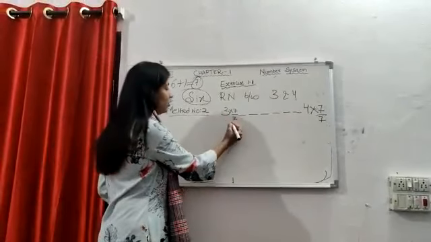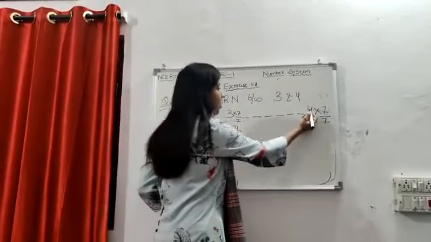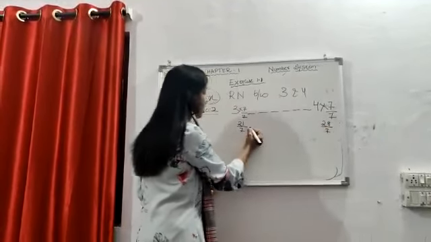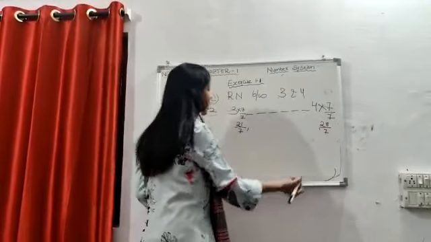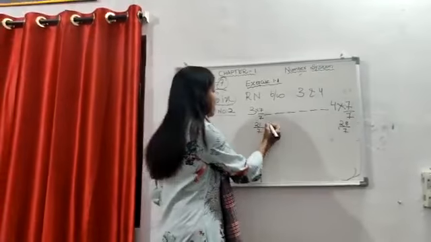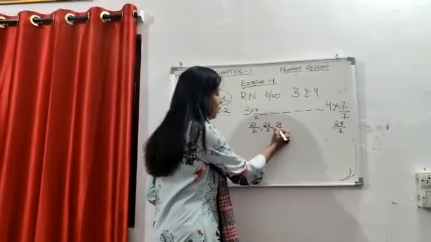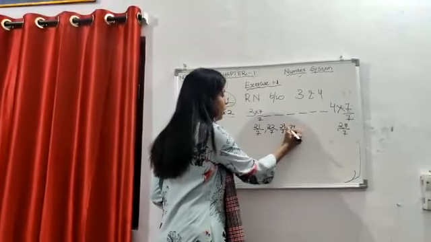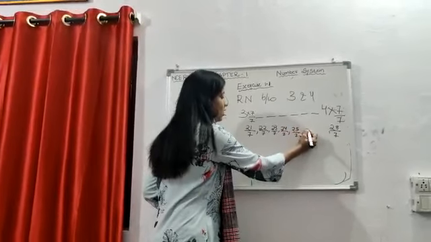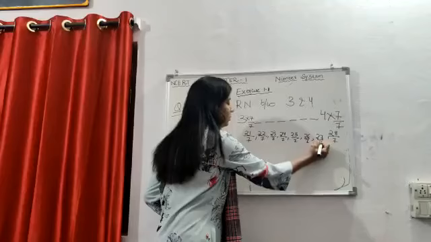So 7 times 3 is 21, so it is 21 upon 7. 4 times 7 is 28, so it is 28 upon 7. Now the 6 numbers between 21 upon 7 and 28 upon 7 are 22 upon 7, 23 upon 7, 24 upon 7, 25 upon 7, 26 upon 7, 27 upon 7.